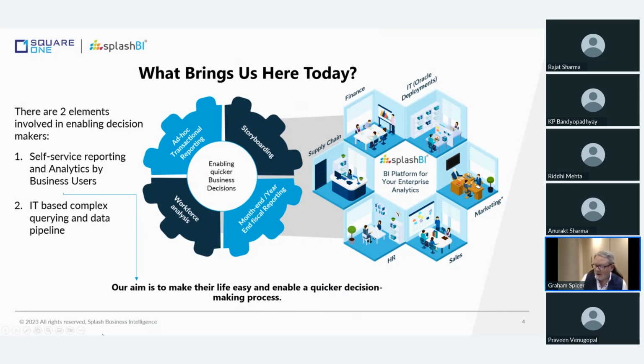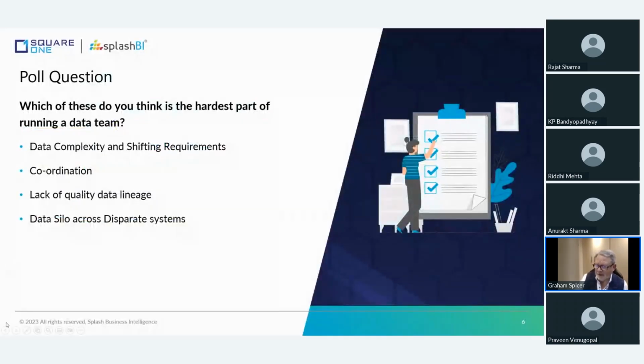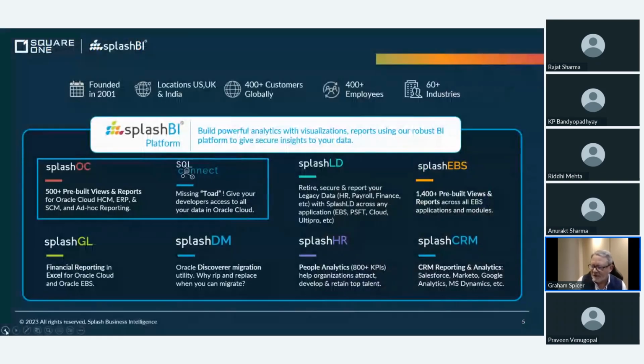Splash BI itself is a BI platform, very, very similar to Power BI or Tableau. But the difference is that we have developed our own solutions, and this was done after about 18 months of conversing with Gartner. And we have a history of developing Oracle-based reporting solutions.